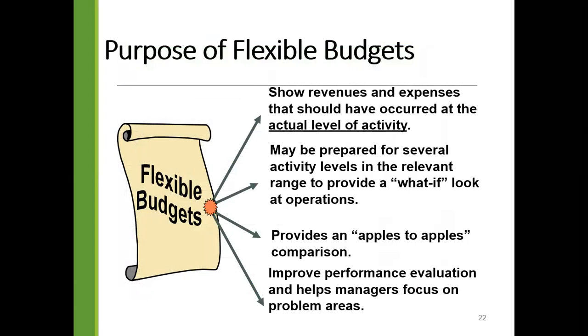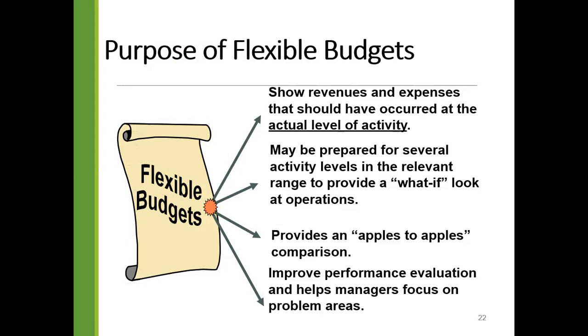And so once we get through the master budget, the last part of this chapter talks about the flexible budget. And so remember, the master budget is considered a fixed budget, or what is also known as a static budget. Master budget's prepared, generally speaking, at one level of activity, whereas the flexible budget is prepared after the fact based on what happened to compare our actual results to budgeted data.